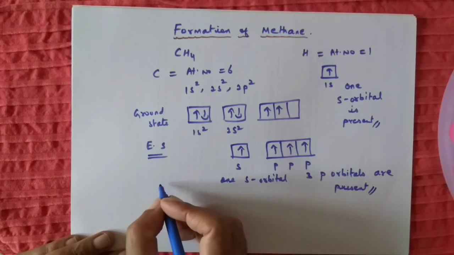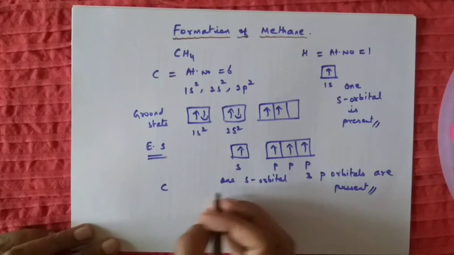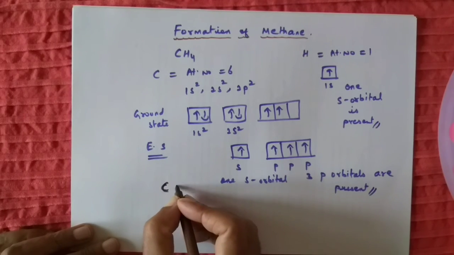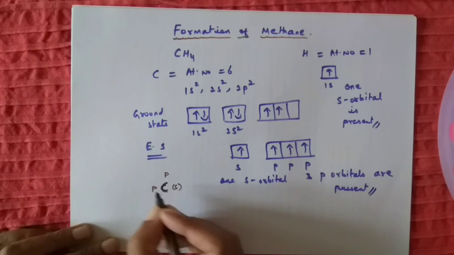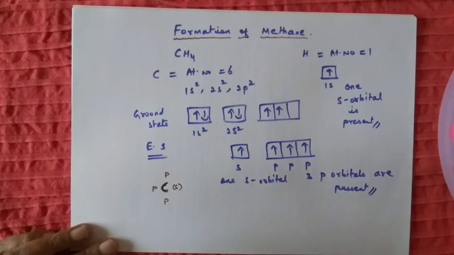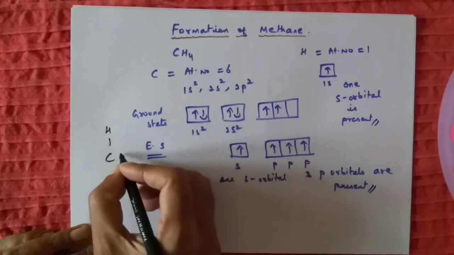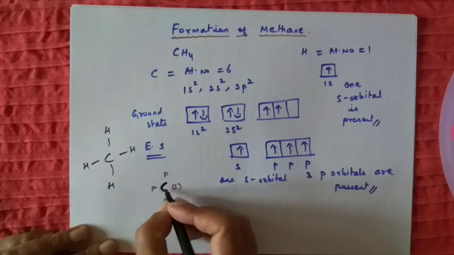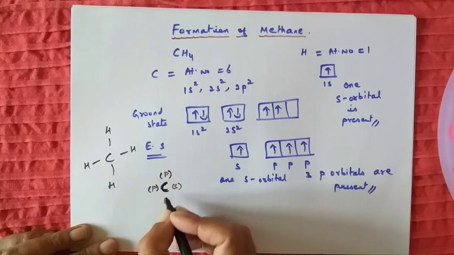So if we take the carbon atom now, the carbon will have one s orbital and 3 p orbitals.